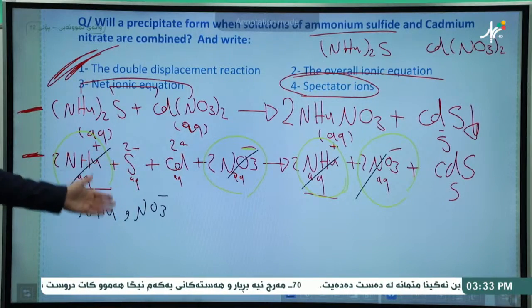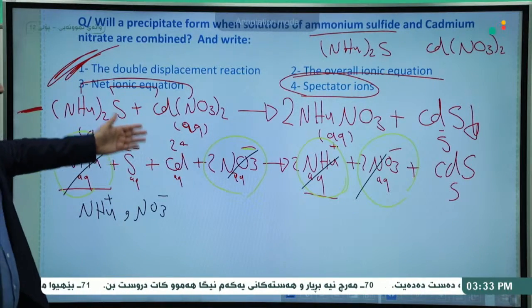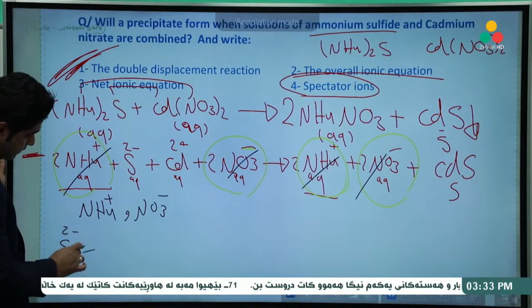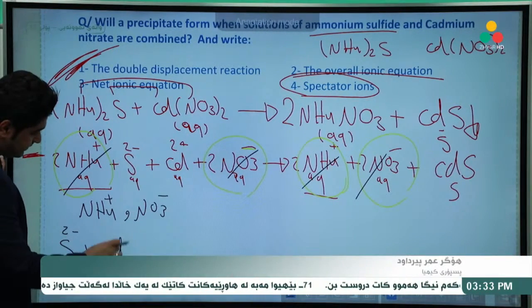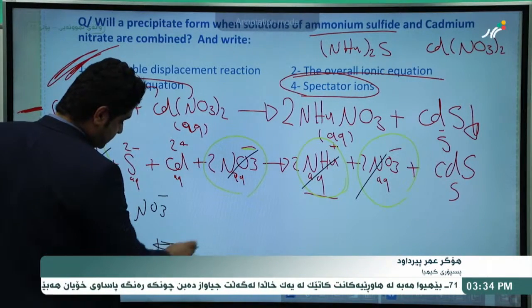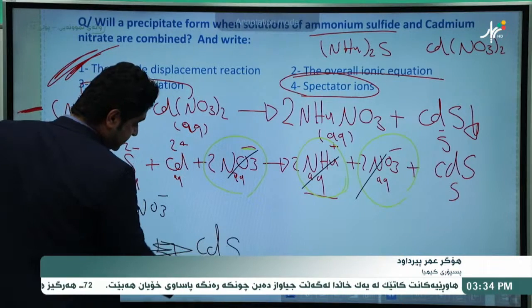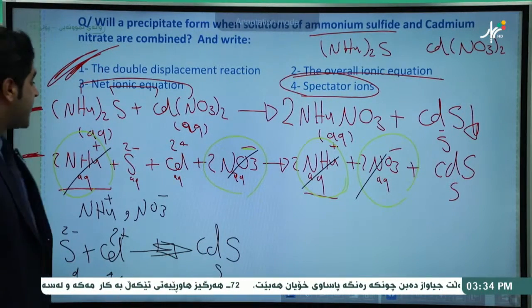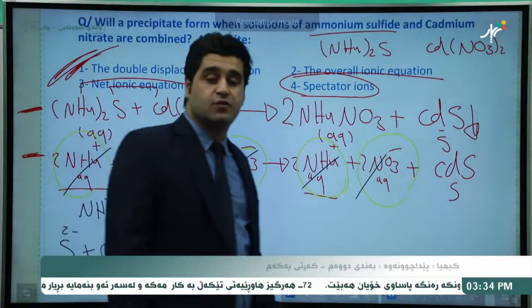The remainder will be the net ionic equation, which is S negative 2 plus Cd positive 2 to form CdS. They are aqueous. So that's the net ionic equation.